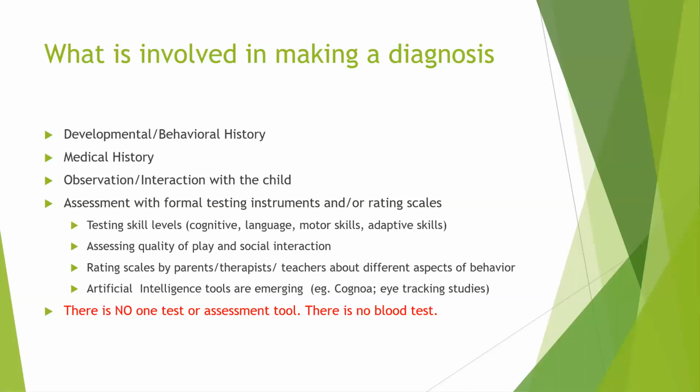As I mentioned earlier, through observation and directed play with the child, we assess the quality of their play, and then we collect a lot of rating scales, lots and lots of rating scales, which are completed by the parents, the therapists, as well as the teachers working with the child. This is again with the ultimate goal of just getting a global picture of the child in different settings, in school, at home, and in therapy.